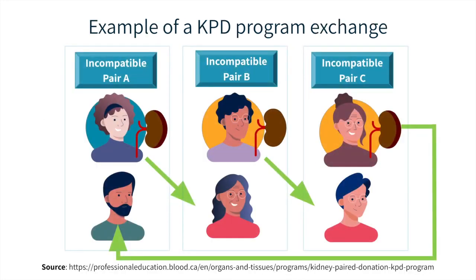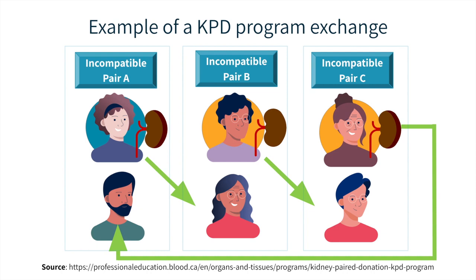For example, donor A wants to donate to recipient A, but they are not compatible. Donor B wants to donate to recipient B, but they are not compatible. And donor C wants to donate to recipient C, but they are not compatible. The KPD program will create an exchange where kidney donors will donate to a compatible recipient.